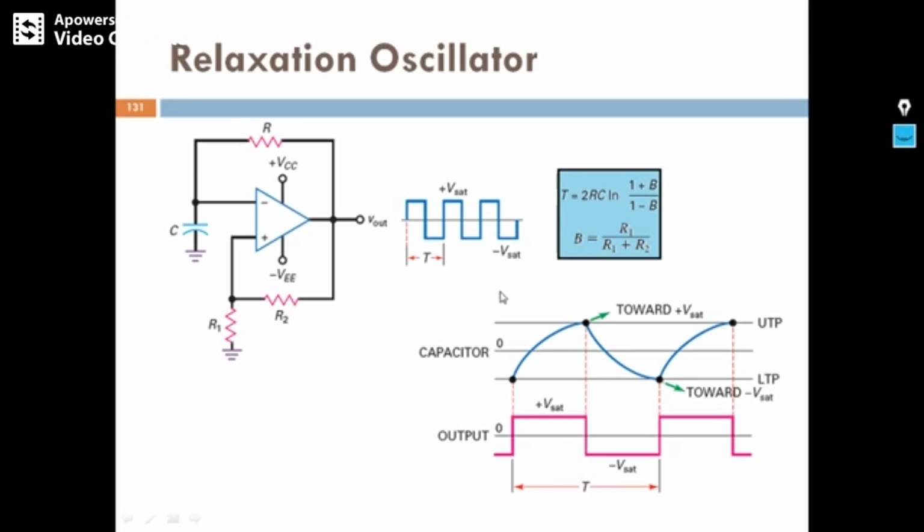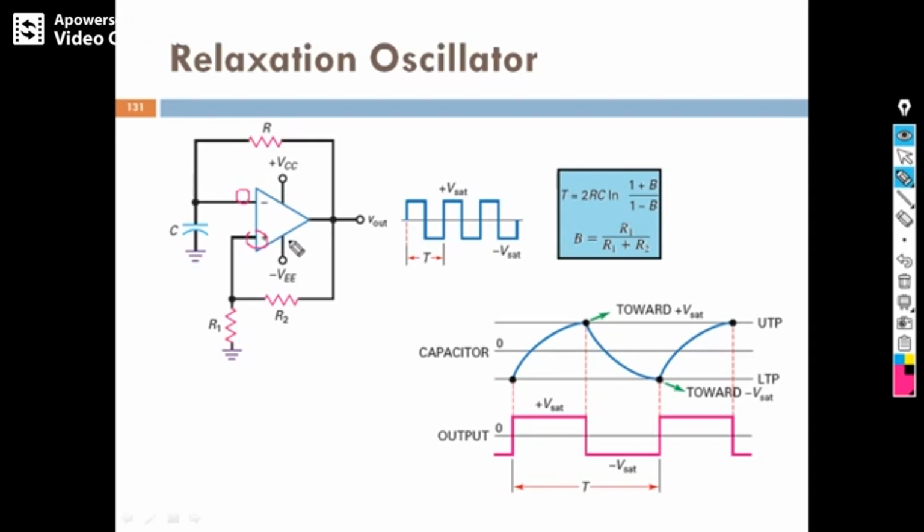Now, initially the capacitor is totally discharged. That means the input voltage at the non-inverting terminal is 0. Definitely, the input voltage at the non-inverting terminal is higher.